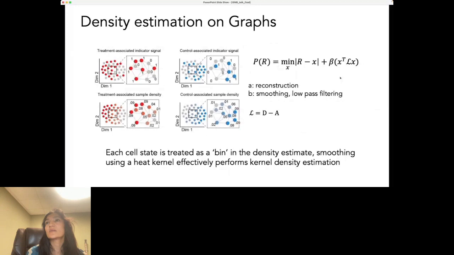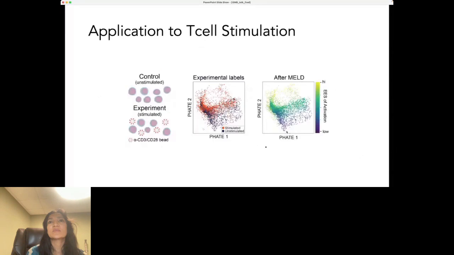But what we discovered is that you get better results when you change this optimization slightly to create a heat kernel. When you do that, you get these density estimates, and we turn the density estimates into likelihoods, which tells us where in the cellular manifold each of the samples is likely to get signal from.